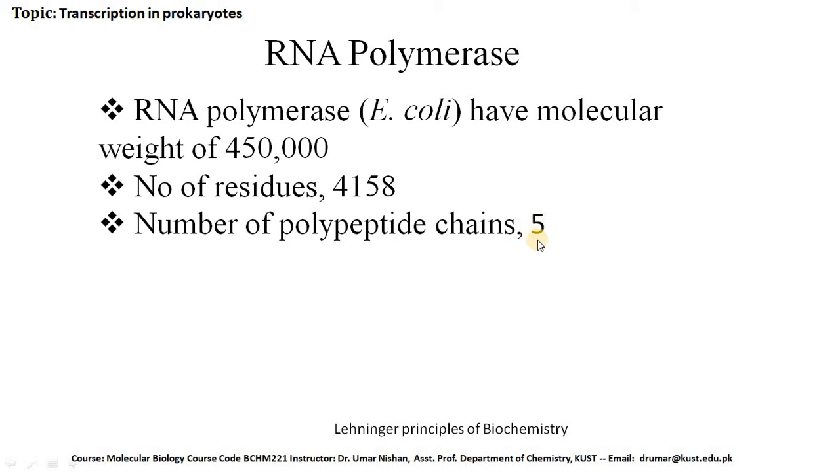The number of polypeptide chains in RNA polymerase is 5. These chains overall make the enzyme RNA polymerase.